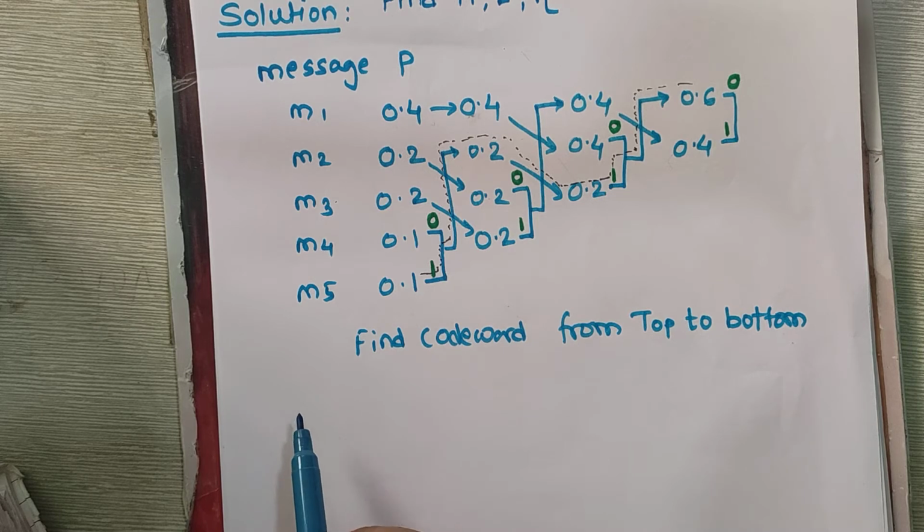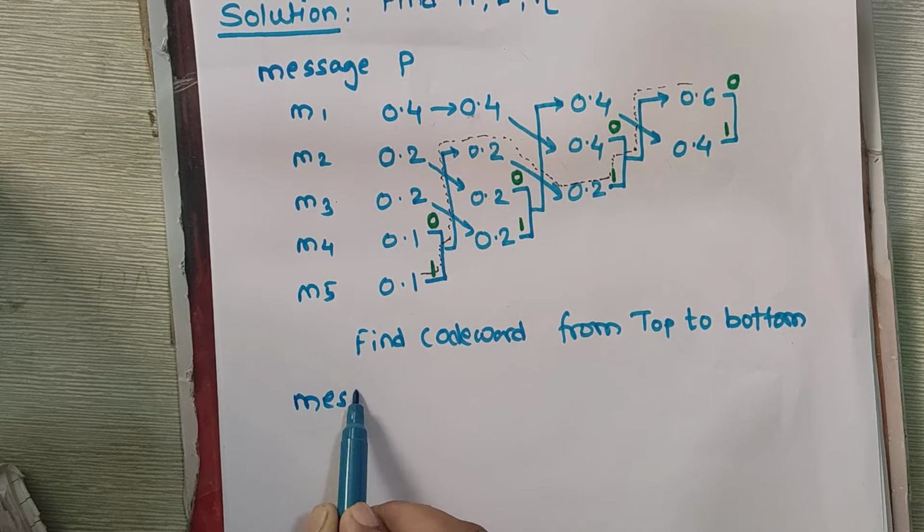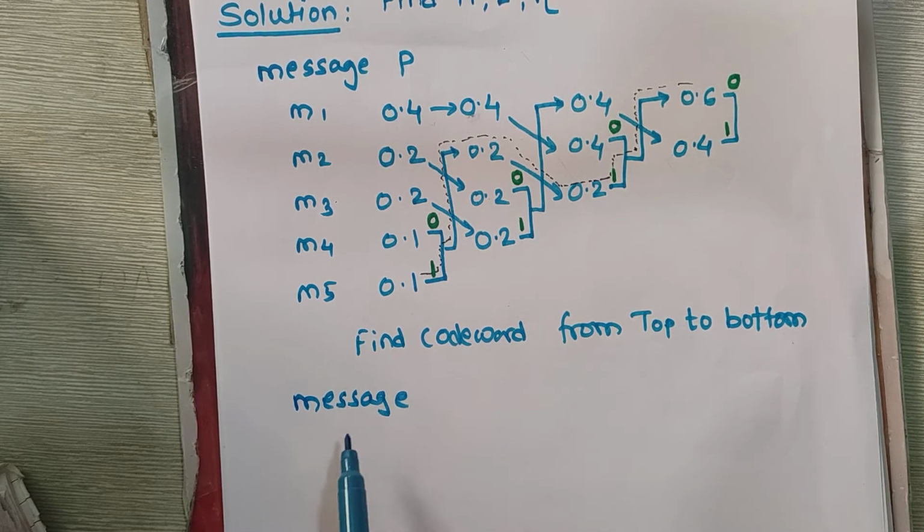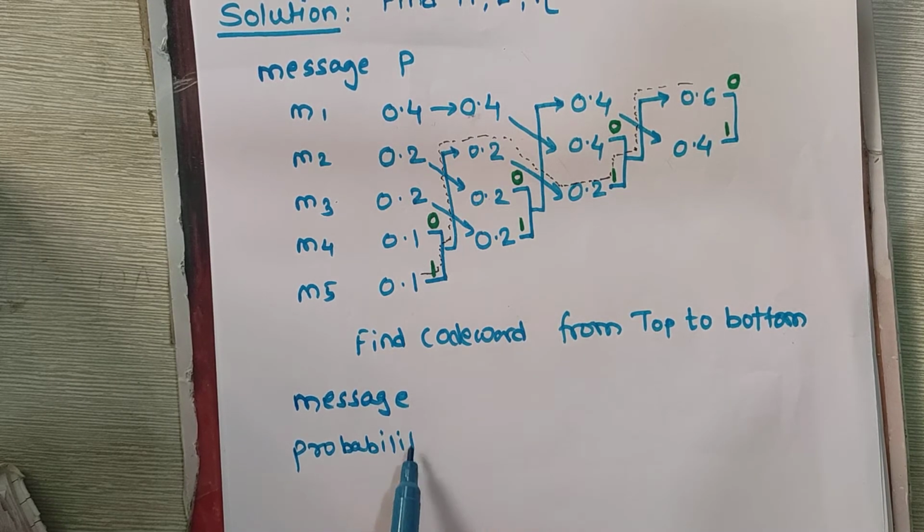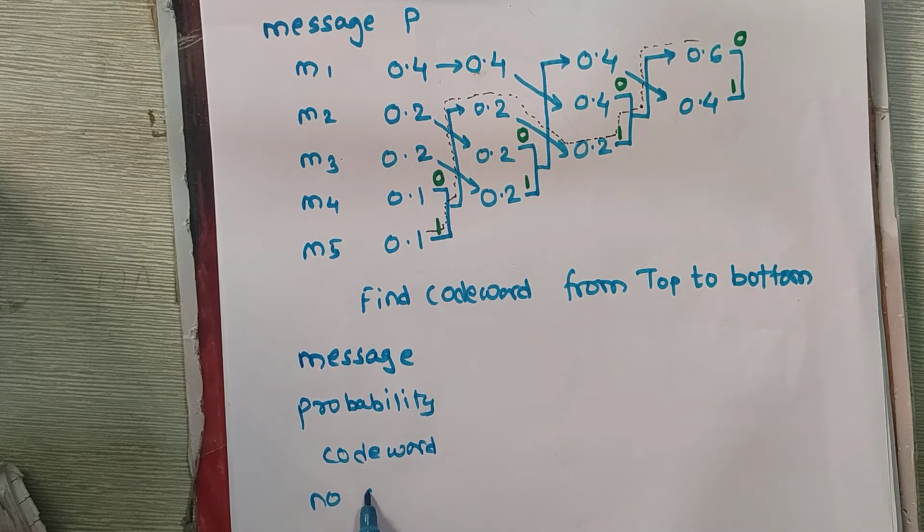So I will write the table: first the message, then their probability, the code word, and the number of bits in the code word.